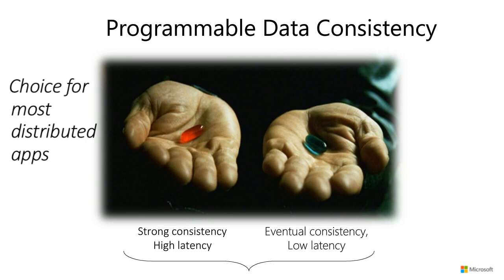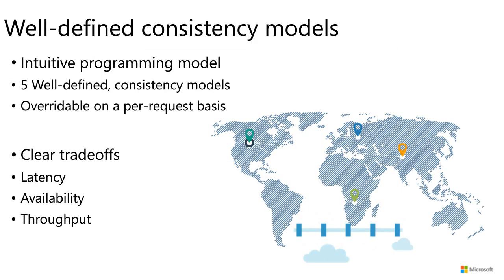And the thing is that there are actually very real-world scenarios for both of these different consistency models. At Cosmos DB, we don't believe in forcing you into these extremes of black and white. We give you some nice shades of gray in between. We've worked with many academics at different universities where something like 60 different consistency models have been proposed over the years.